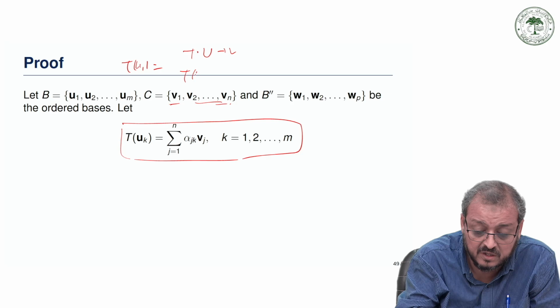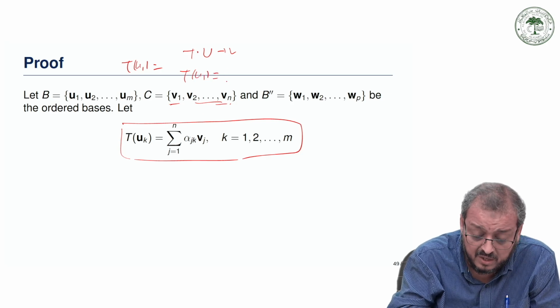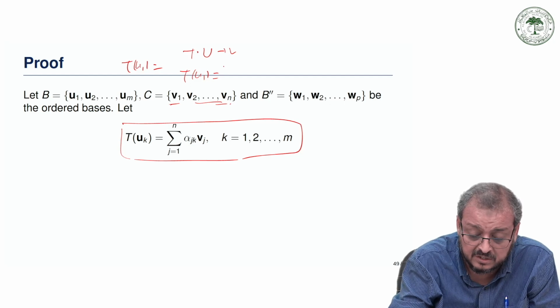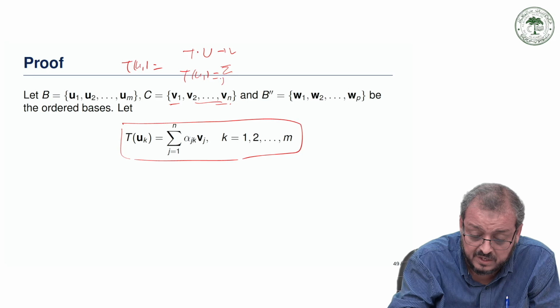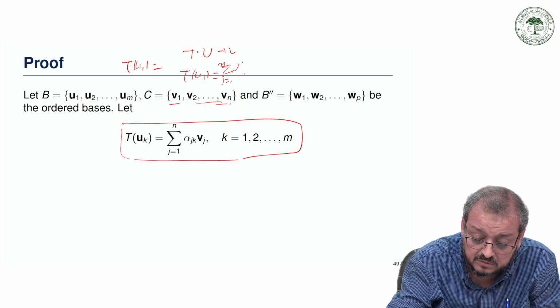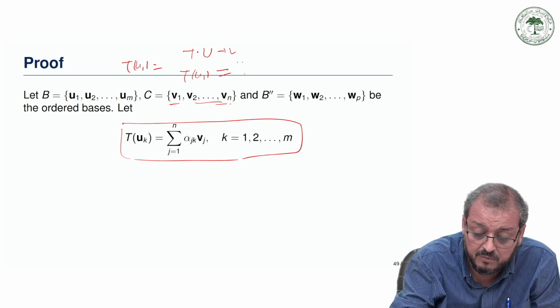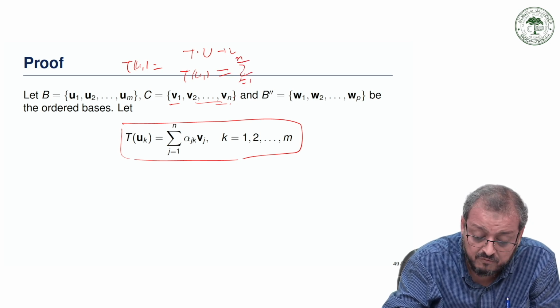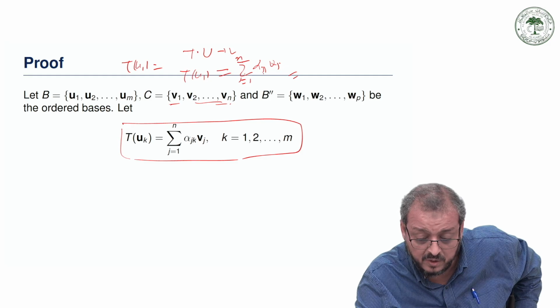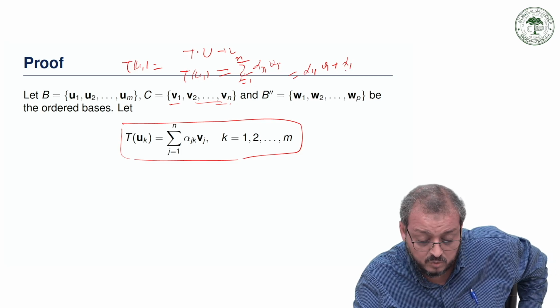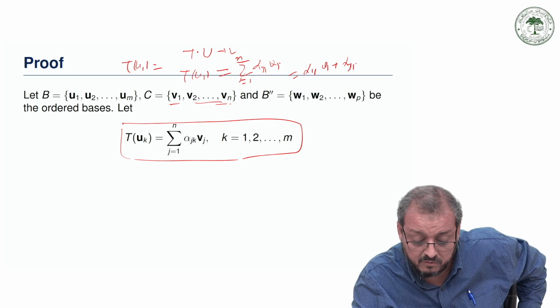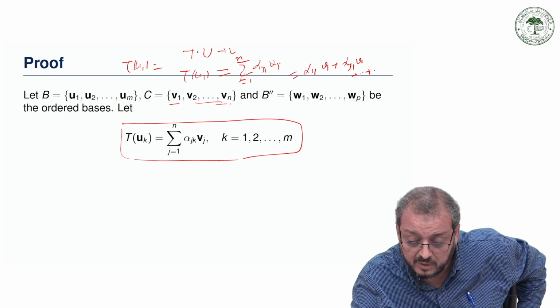If k is equal to 1, then T of u1 is the sum over j from 1 to n of alpha j1 vj. That is, alpha 11 v1 plus alpha 21 v2, and so on, up to alpha n1 vn.